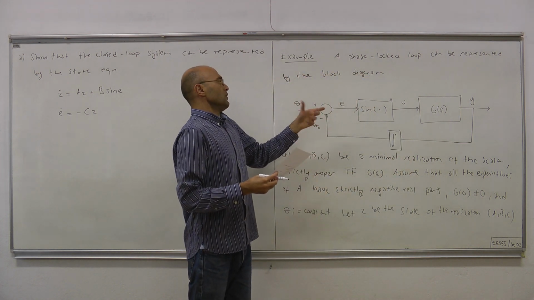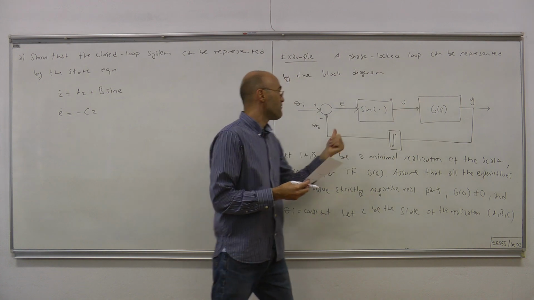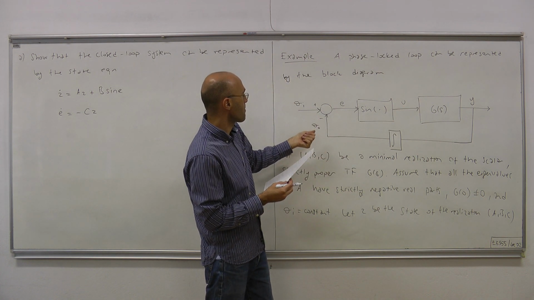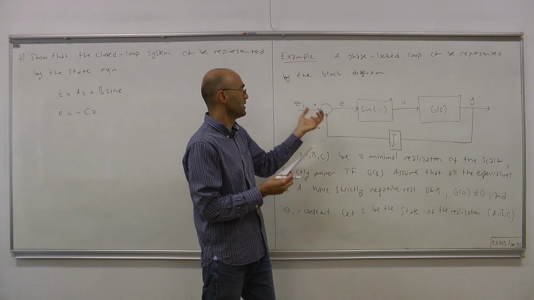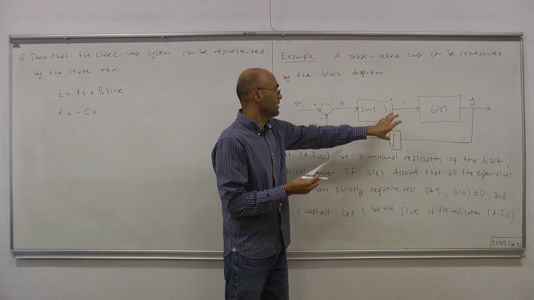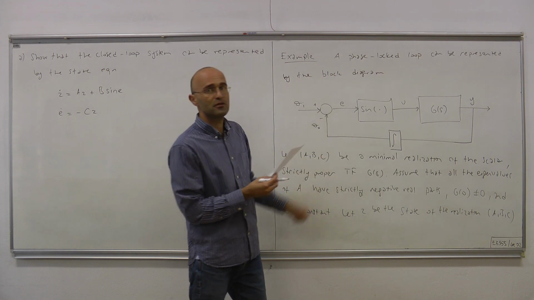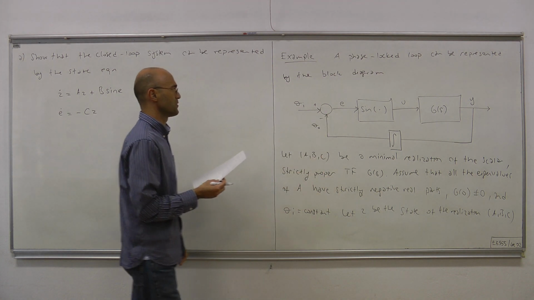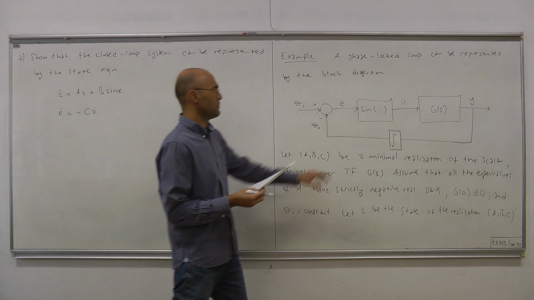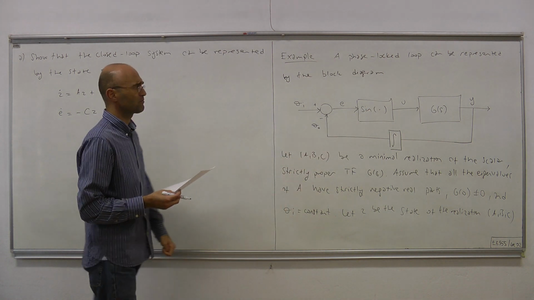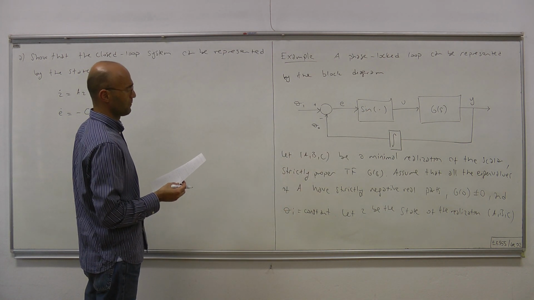So to generate error, the output is not fed directly to the beginning, but we integrate the output and we feed that to the reference point. Okay, so basically we're talking about integral control here.